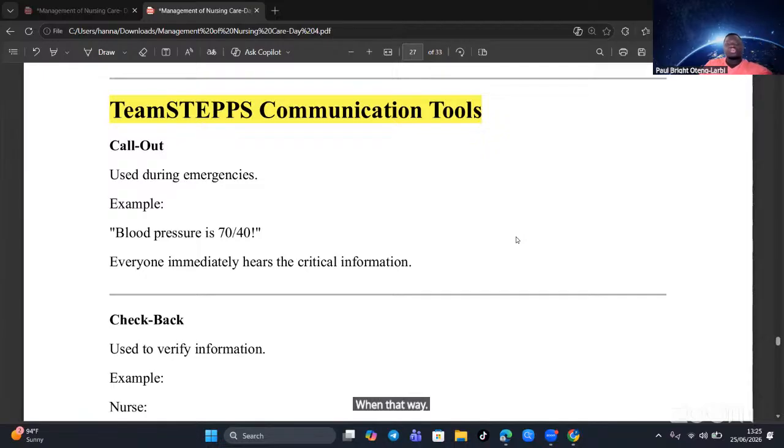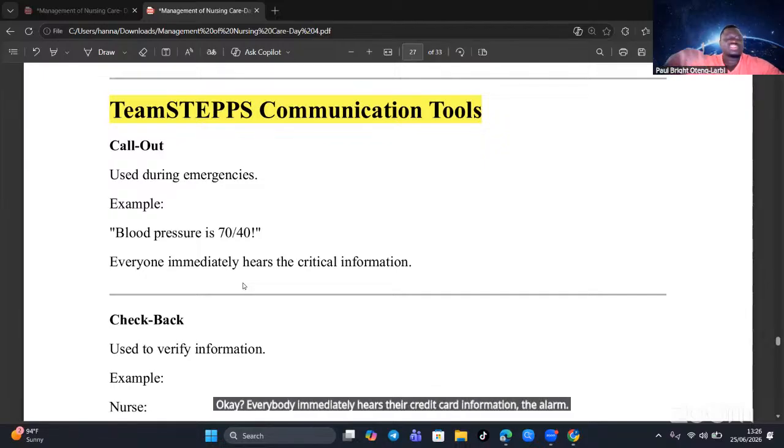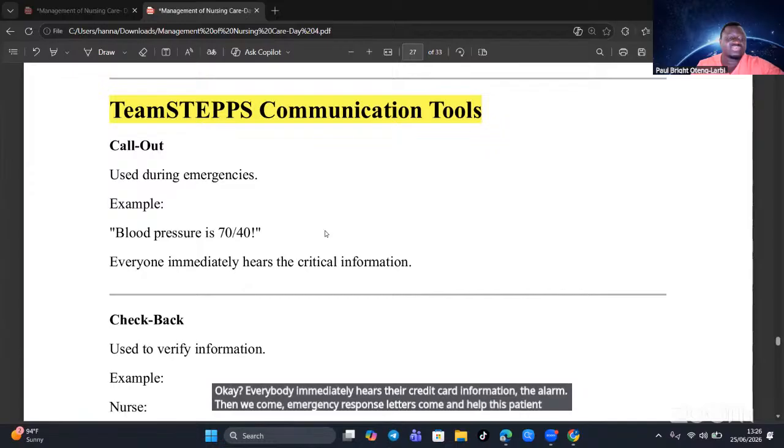Some factories also use call outs. When they ring the alarm, wherever you are, you will hear, then you come. Somebody's blood pressure is crashing, everybody immediately hears the critical information. Then we come for the emergency response, to help this patient survive.